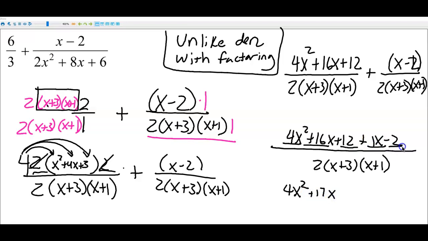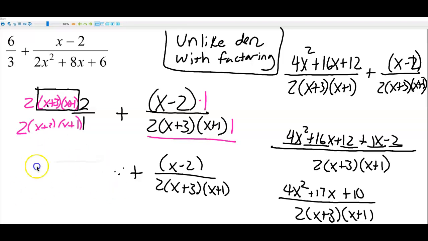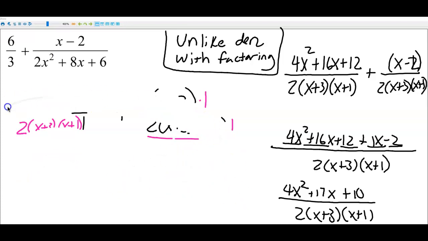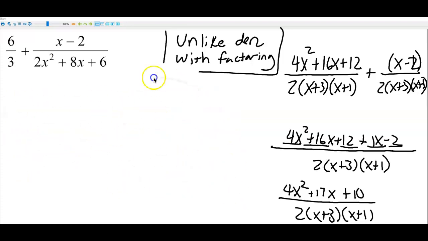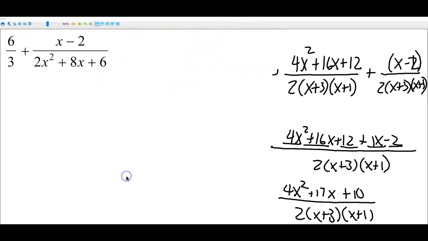And then I've got a 12 and a negative 2, which makes 10. Okay, we're done. That's the end of it.